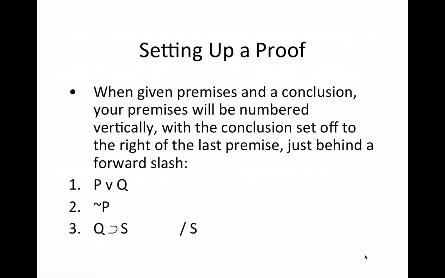Now, what I'd like you to notice is the fact that there's only one operator for each of our premises. We have a wedge or disjunction in premise 1. We have a tilde or negation in premise 2, and we have a horseshoe in premise 3.